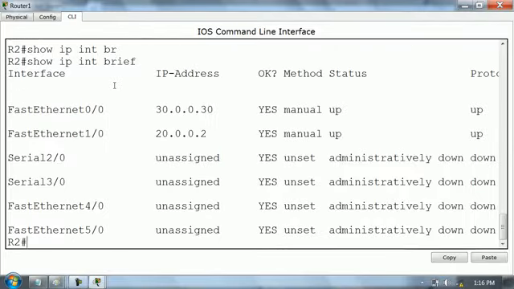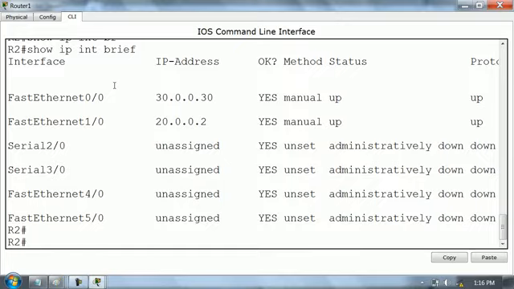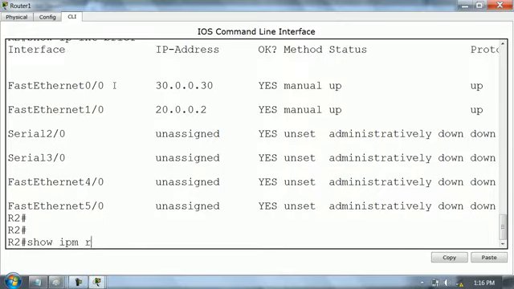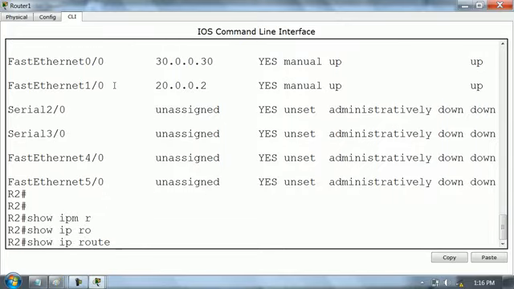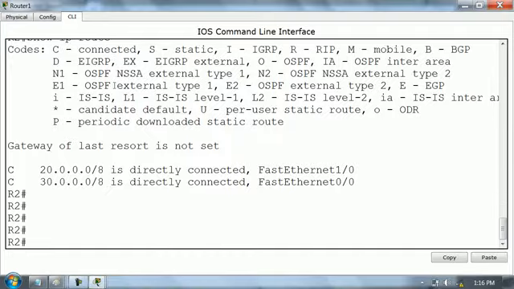Any problem? Command to check routing table. What are the two networks? Connected. C means connected. 20.0.0. Directly connected by which interface?